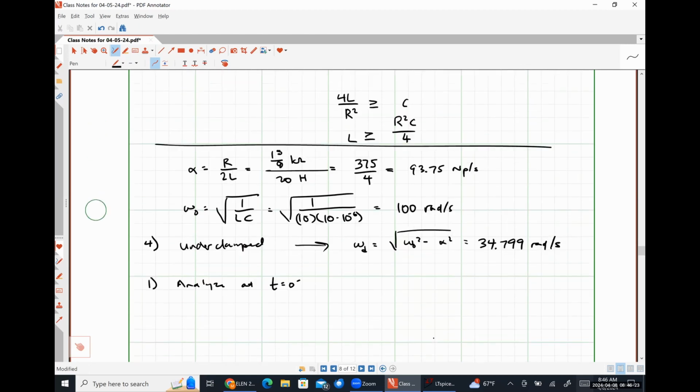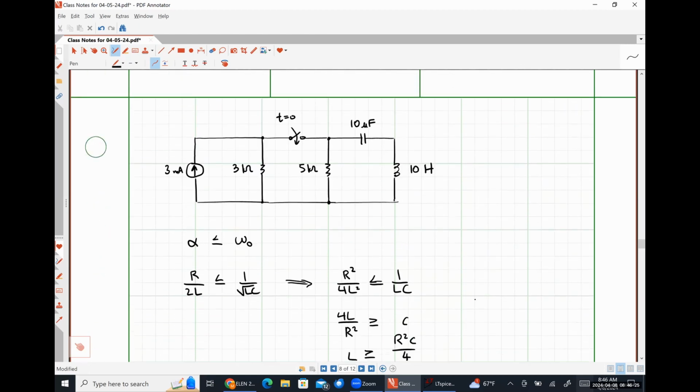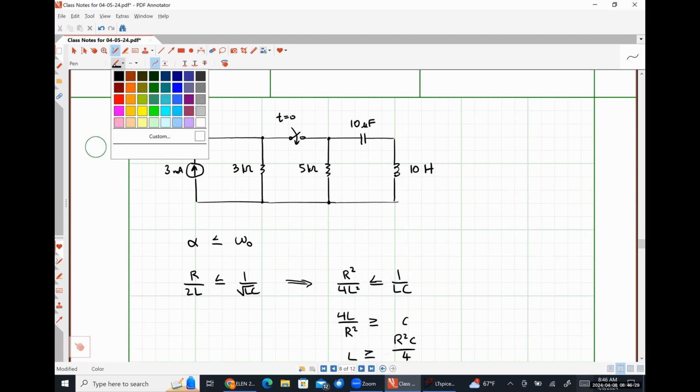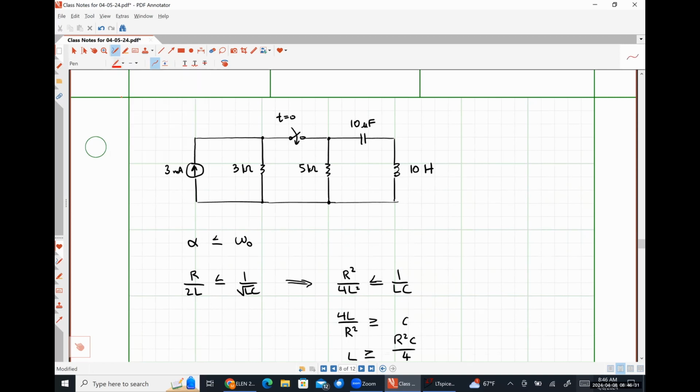Analyze at t is equal to 0 minus, and let's actually go up here and explicitly specify what we're going to be interested in. So let's find our capacitor voltage.